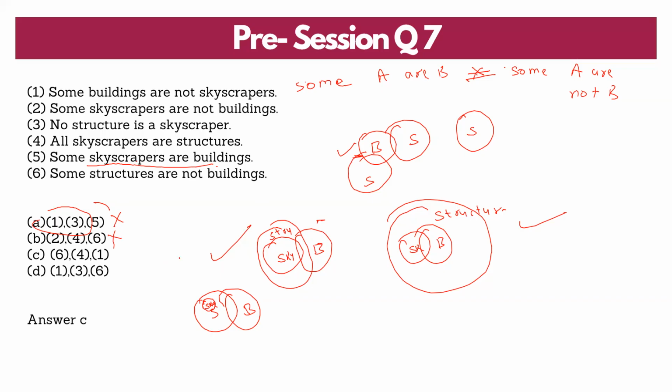I shouldn't have drawn the diagram for this, because 6 says some structures are not buildings, and skyscrapers lie inside a structure. So all those skyscrapers are not intersecting the building, and so I can say the answer is option number C.